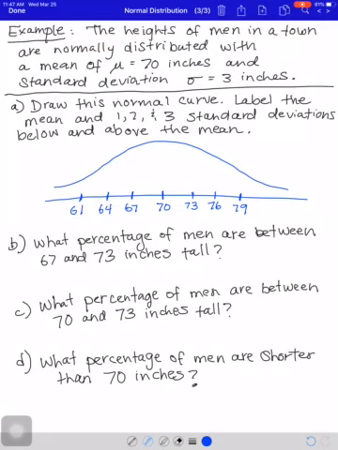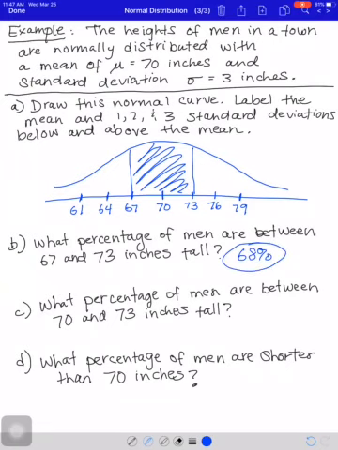Now to answer part B, what percentage of men are between 67 and 73 inches tall? That's going to be this region here. This is within 1 standard deviation of the mean, which we know by the empirical rule is 68%. And what percentage of men are between 70 and 73 inches tall?